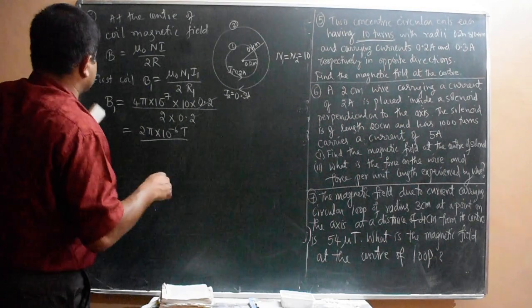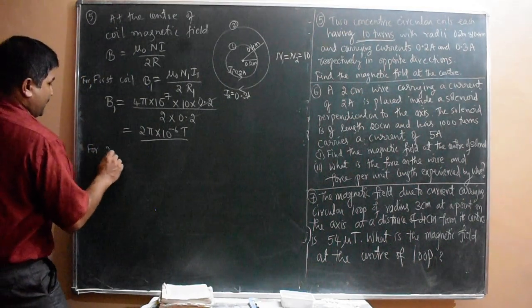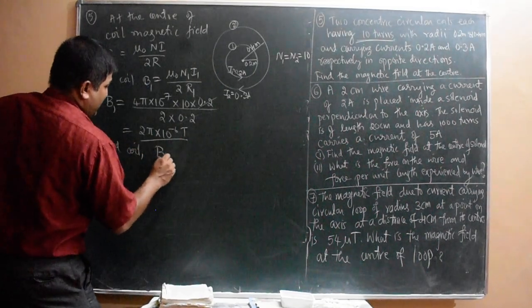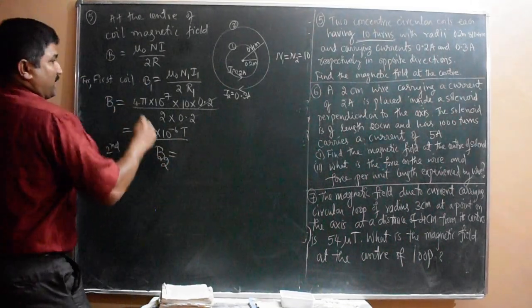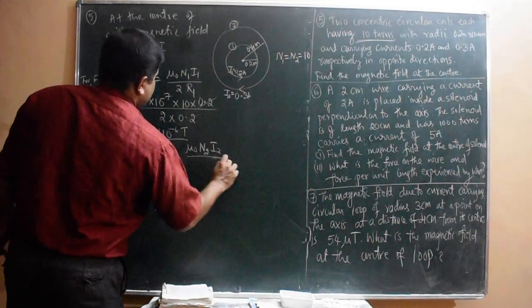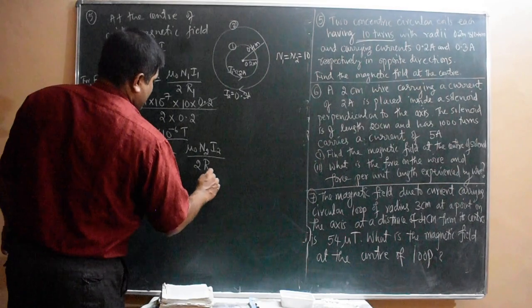And the magnetic field due to the second coil. For the second coil, the magnetic field B2, same formula: mu naught N2 I2 divided by 2R2.